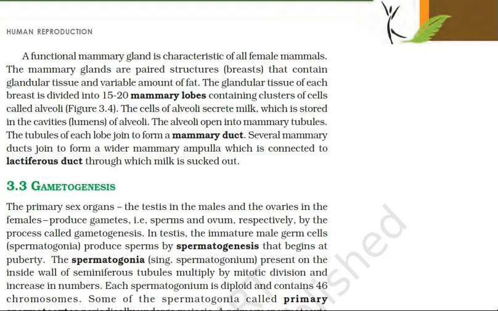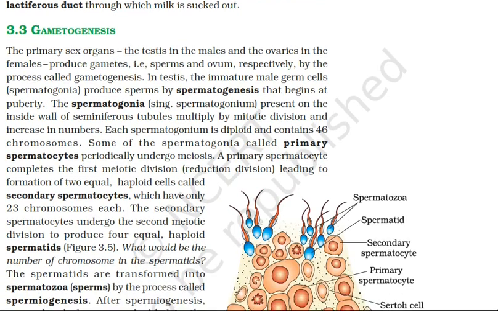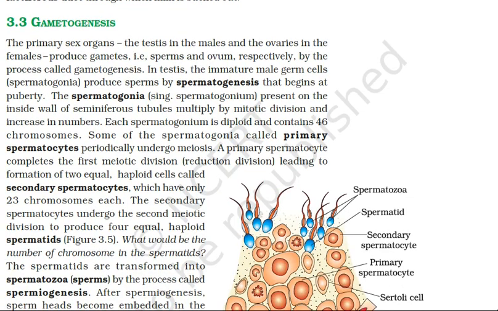So now here you can see on the screen the process of gametogenesis. Spermatogenesis occurs in seminiferous tubules of testes, which I have already explained to you in my previous lecture.